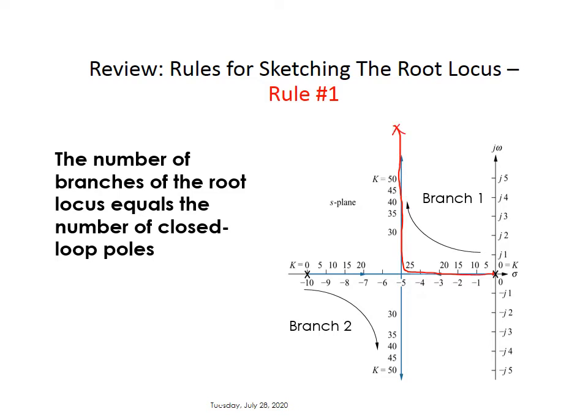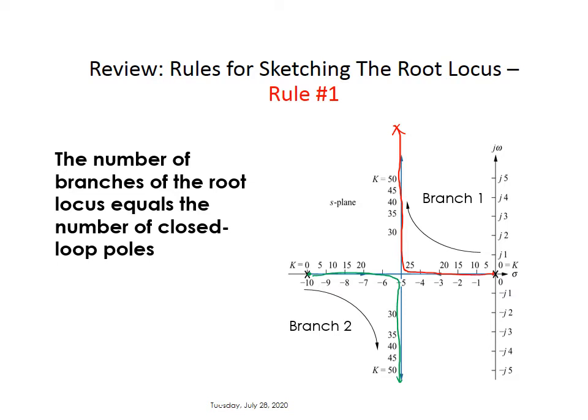This is what we call one branch. Another one, in another color, starts at minus 10, goes in this direction and goes to minus infinity. So these two, the red and green lines, are what we call branches.